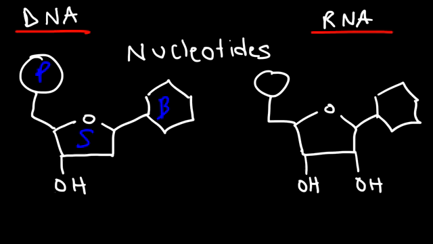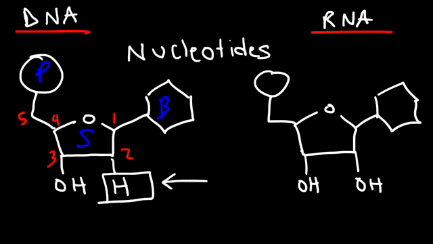Now let's go ahead and number the carbons on the ribose sugar. This is carbon 1, that's where the nitrogenous base is attached. Carbon 2, 3, 4, and carbon 5 is outside of the pentose ring, and that's where the phosphate group is attached. So in DNA, notice that we don't have a hydroxyl group on carbon 2, and so that is why it's called deoxyribose.